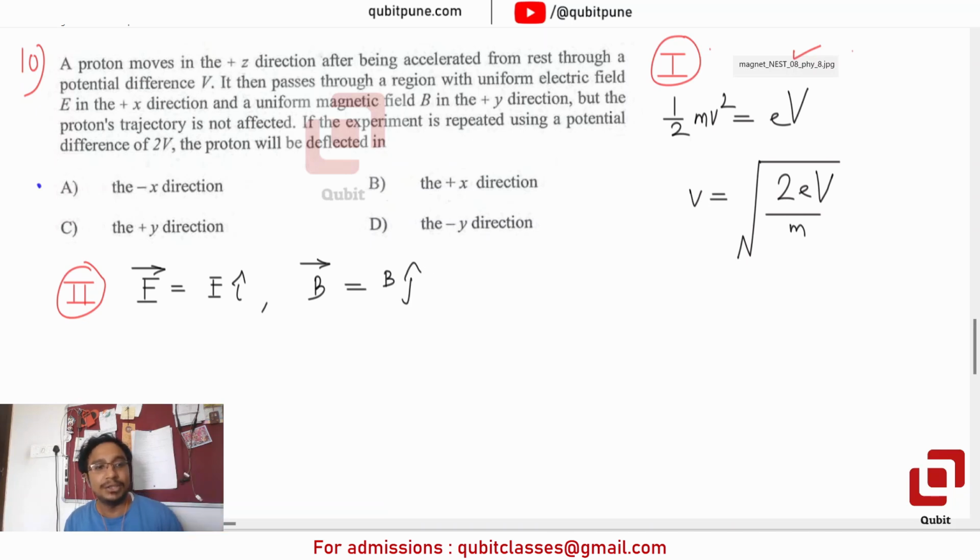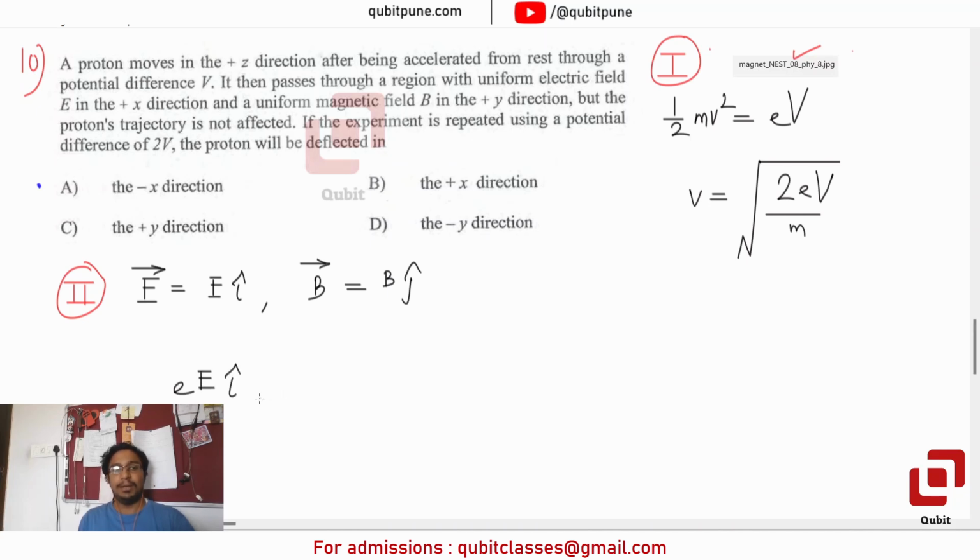Now trajectory is not affected means net force acting on it is 0. Right? So which force is 0 now? Lorentz force.